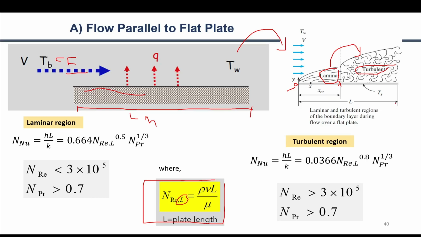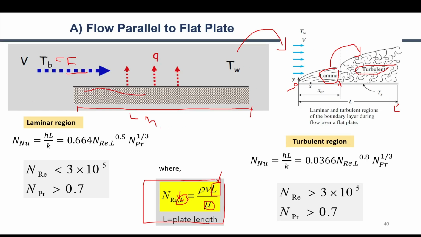When it reaches L meters here, that is why the Reynolds number has the subscript L. The Reynolds number can be calculated using this formula, where rho is multiplied by the fluid velocity and the length of the plate, divided by the viscosity. So Reynolds number L occurs at the end of this flat plate.